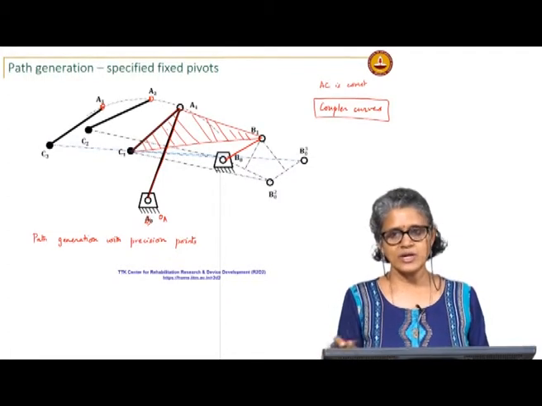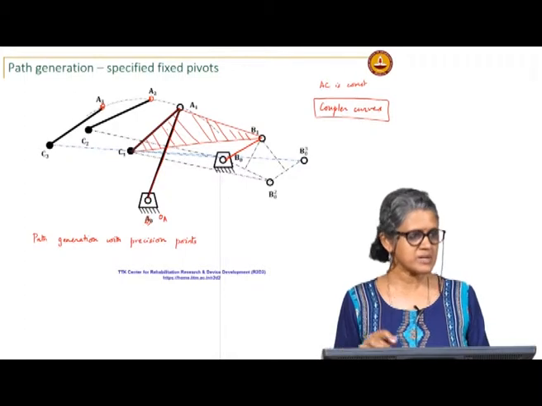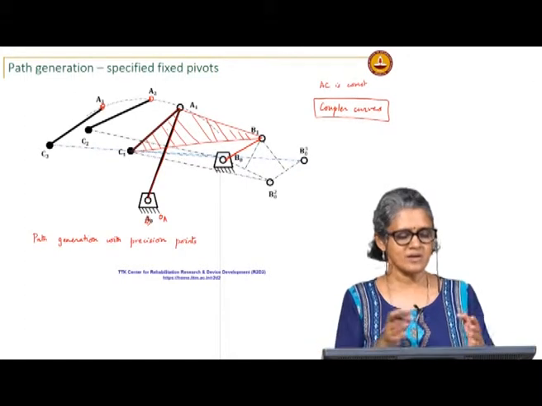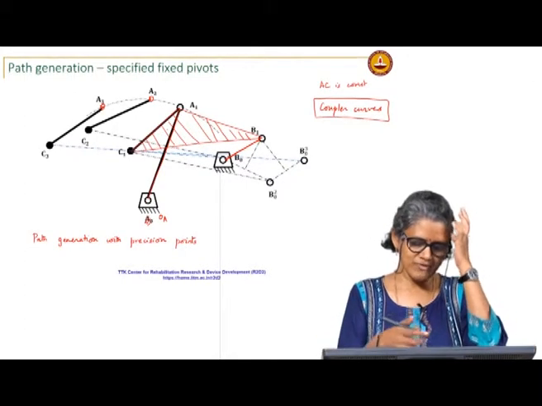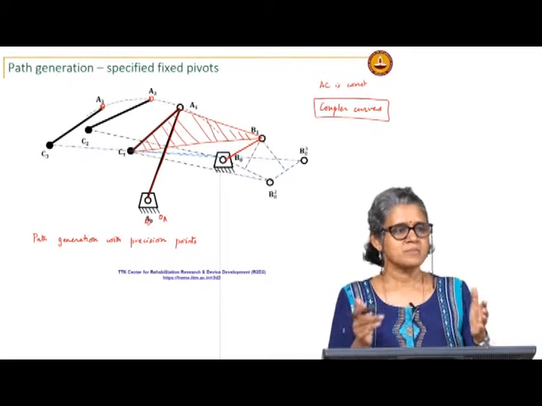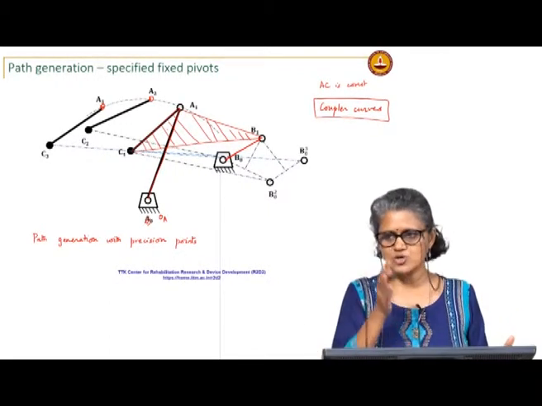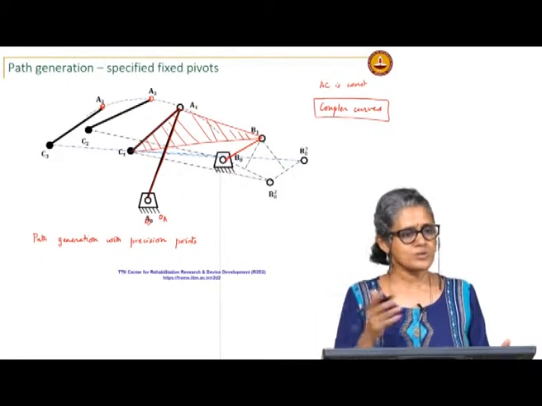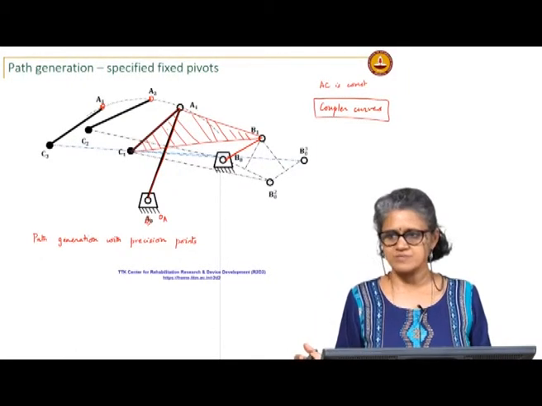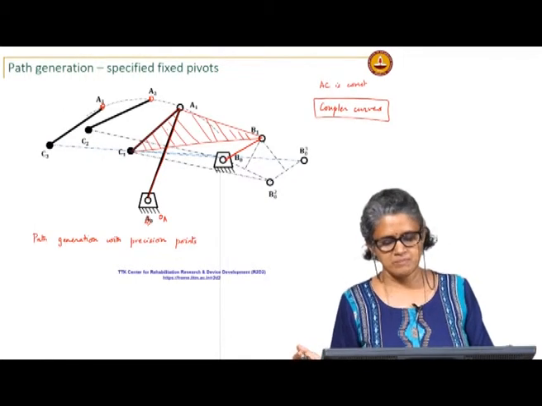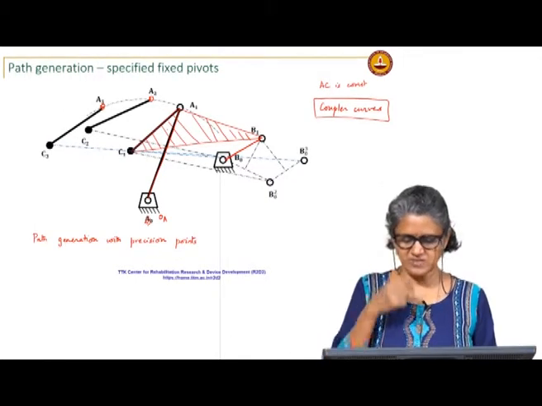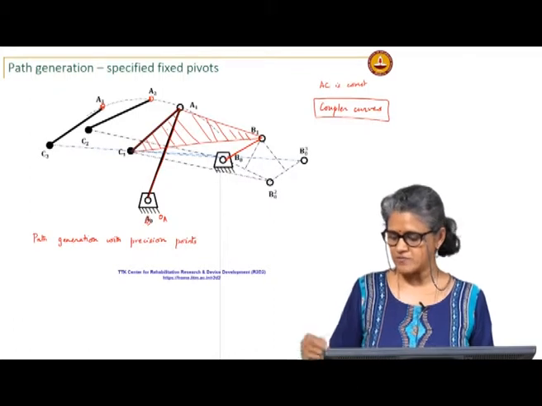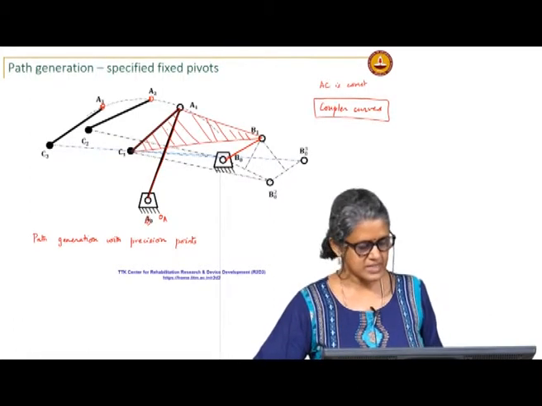So, I will not go into path generation using coupler curves right now, because we'll finish precision point synthesis as it is called, where you have a certain number of positions and you want to basically hit those with the mechanism. So, this is path generation with precision points, and we will look at coupler curves later.